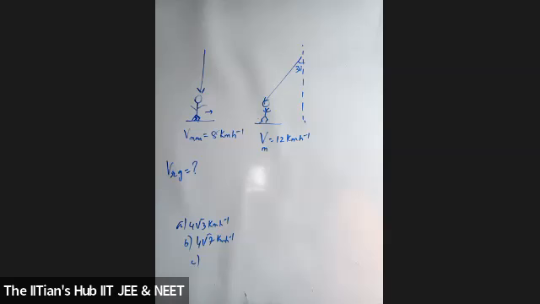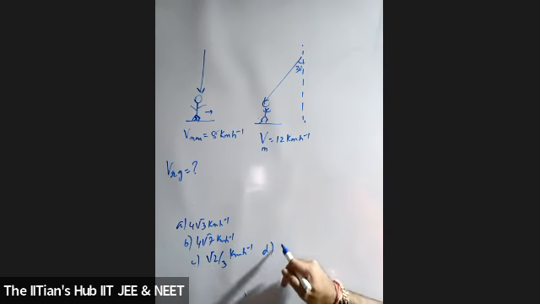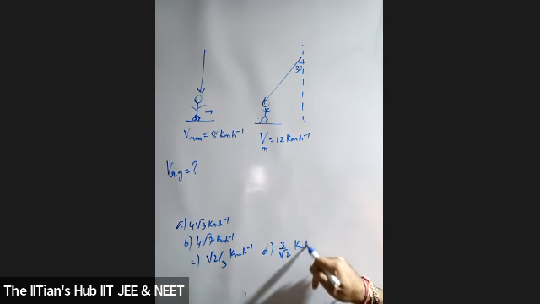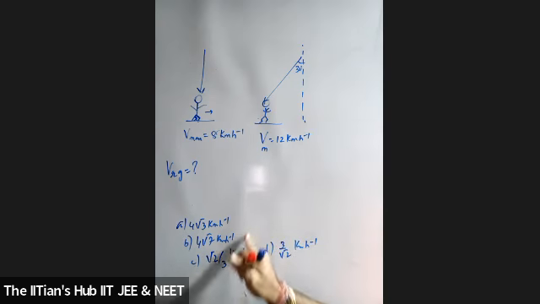Option C, √2/√3 kilometers per hour. And option D, 3/√2 kilometers per hour.